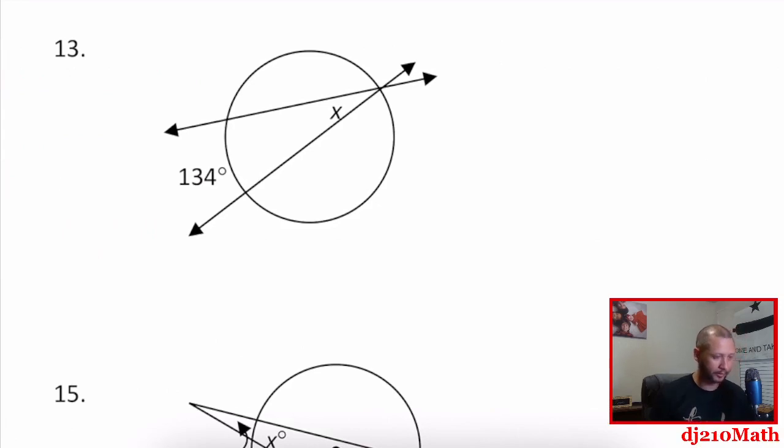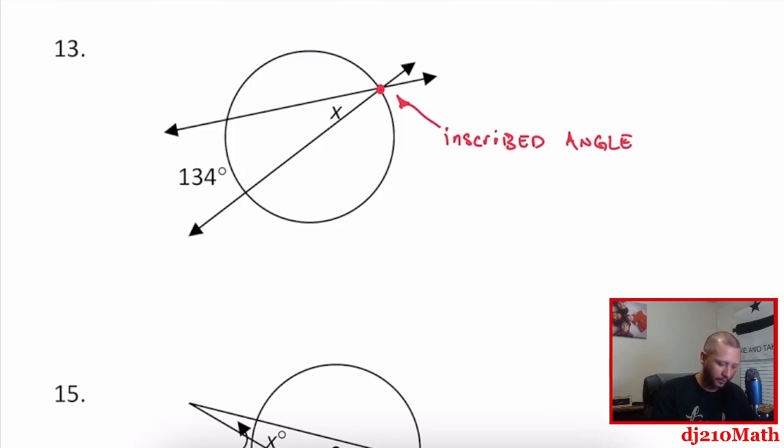Okay, this one's a little different. Here, it looks like the lines intersect on the circle. So we call this an inscribed angle, because it is inscribed inside the circle and the vertex is on the circumference of the circle.